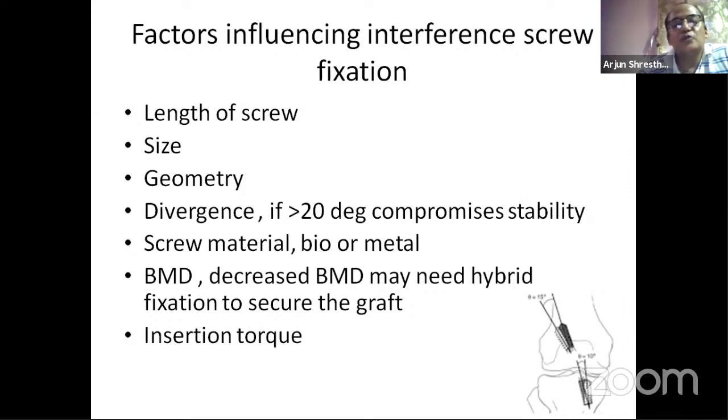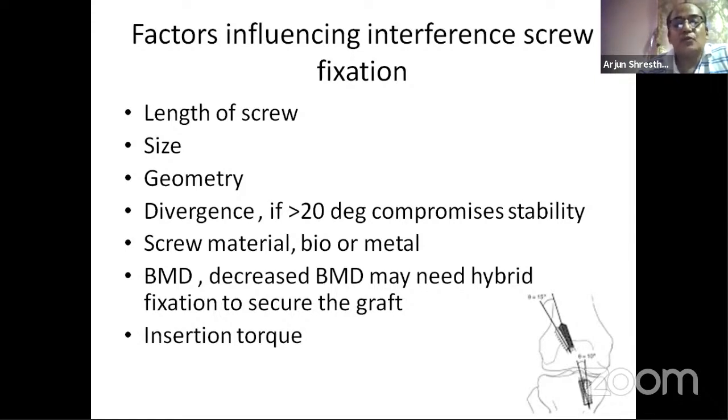Of course, the geometry is made by the hardware companies, and these are good ones. But sometimes if the size of the thread is not proper, it might cause failure of the graft. The other thing we most commonly encounter is divergence of the screw, because we have that tunnel and you have put the nitinol wire for guiding the implant.